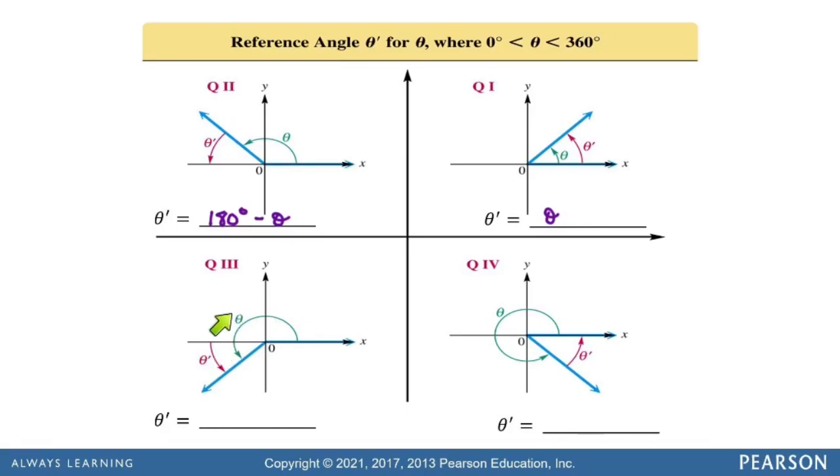Of course, in this case, theta is larger than 180, so the formula for the reference angle will be theta minus 180 degrees. And then for an angle theta that's in quadrant 4, we remember that a full rotation is 360 degrees. And so to find our reference angle, which is this little slice right here, we just need to calculate 360 degrees minus theta.